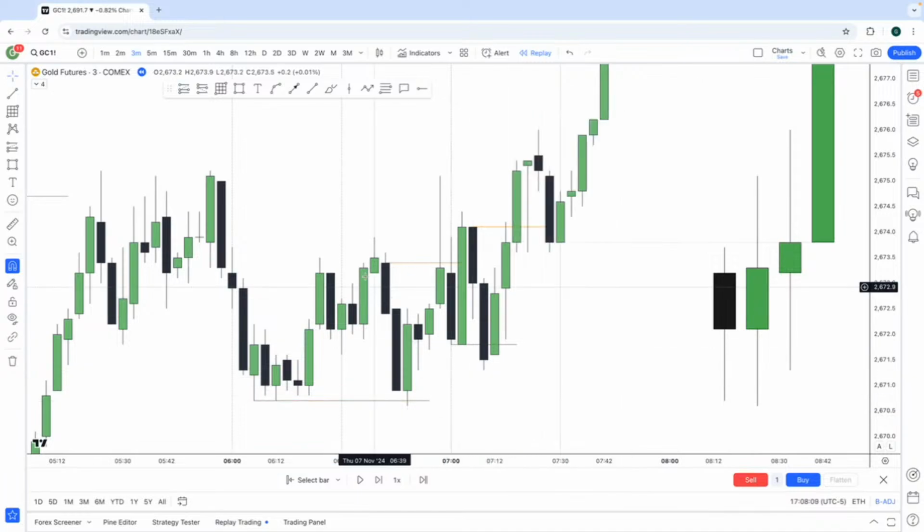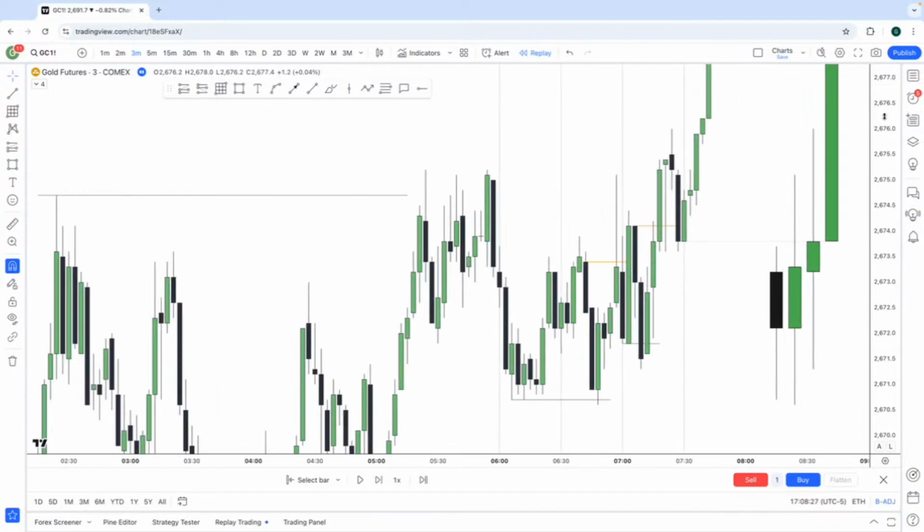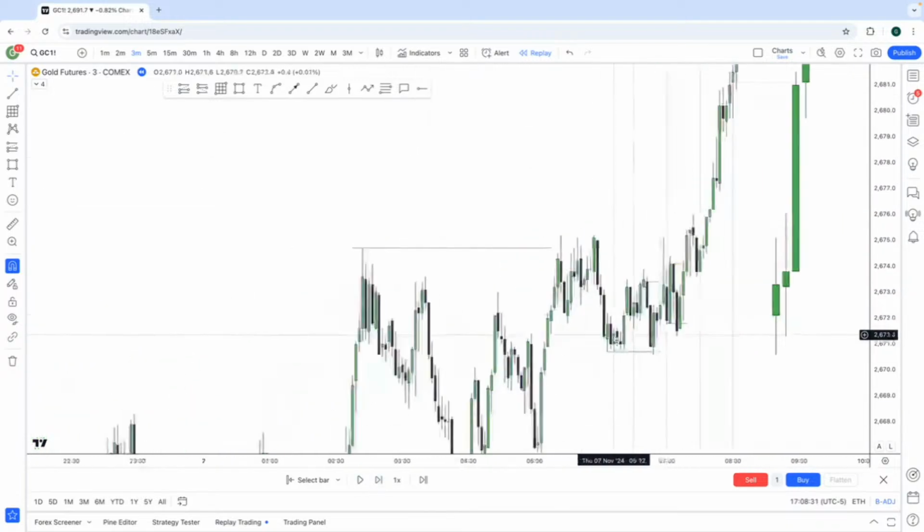These opposing candles manipulated, and then we closed over it here. So this candle didn't do anything, this opposing candle. But these opposing candles also manipulate. So you can trade this off right here, your stop loss down here. And then you can see the expansion. It's a little ugly, but yeah, it's technically valid.